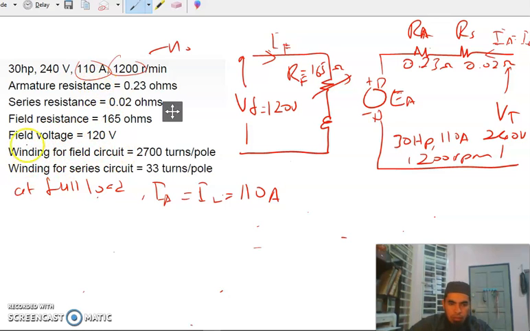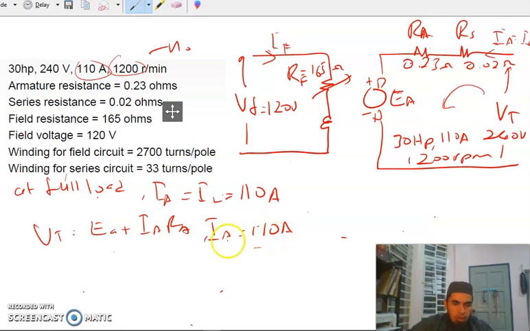So for this loop, Vt is equal to EA plus IA RA. Now IA is equal to 110 ampere. So we put in the related values. 240 is equal to EA full load that we are looking for, plus IA, which is 110, times RA, which is 0.23.